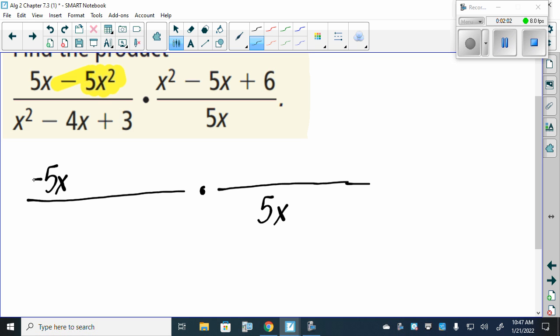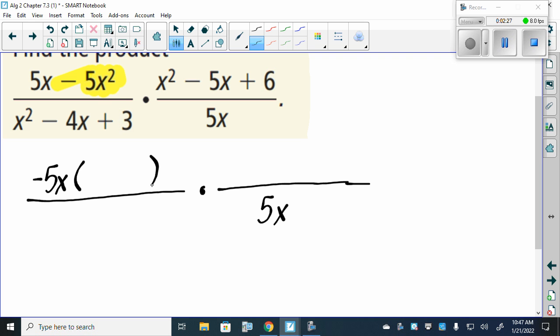Because in all of these, if we can keep the biggest variable in each expression positive, it's going to help us out. Whenever we factor the 5x out of these two terms, if we factor out the negative, it will keep the variable with the biggest exponent positive.